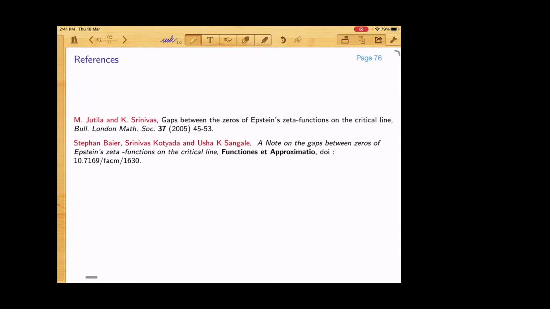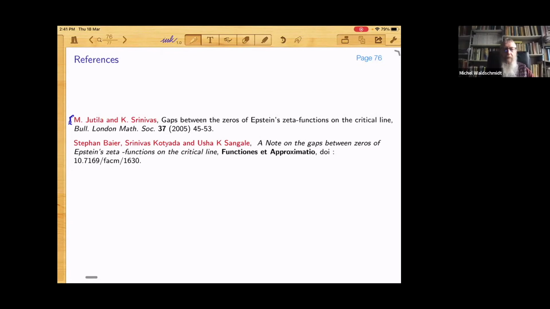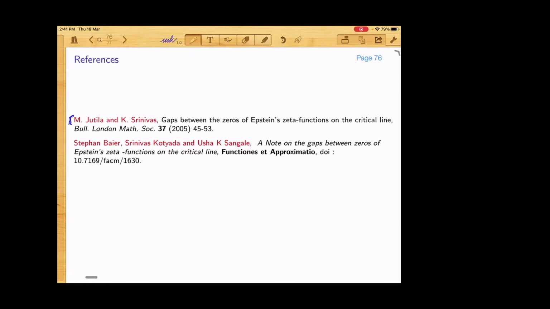And all the details are there in both papers and the references of this paper, where Jutila's development of exponential sums related to quadratic forms is there. And since this is the last day of the talk and such a long conference, people must be tired also. I didn't want to give too technical details.